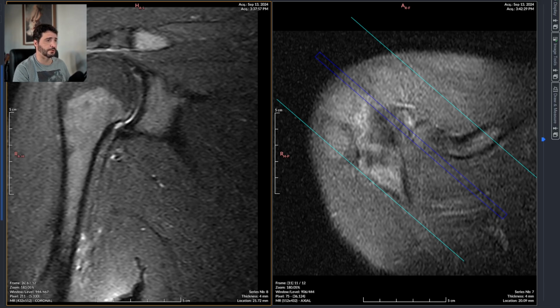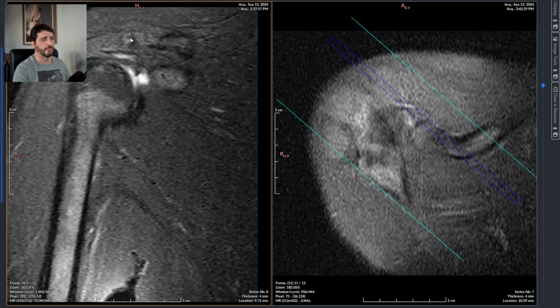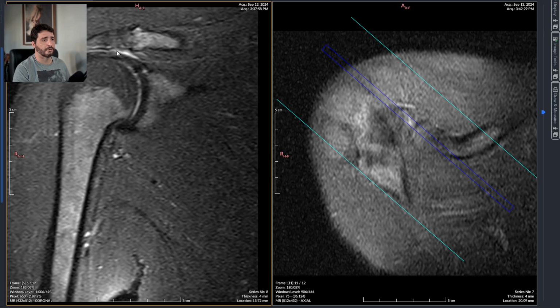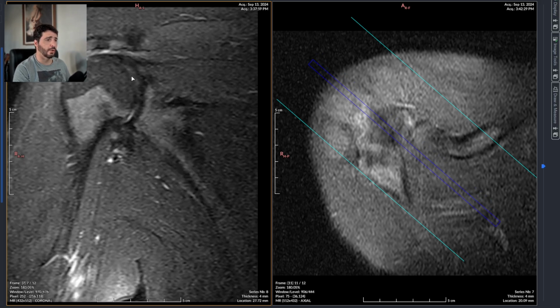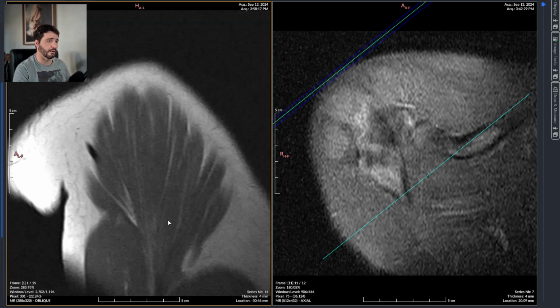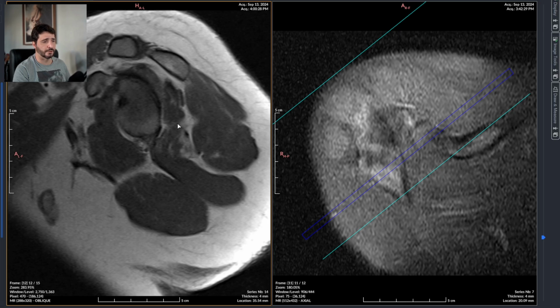So let's just summarize what we just saw. We have arthrosis and synovitis of the acromioclavicular joint. We have subdeltoid subacromial bursitis. We have tendinitis of the supraspinatus tendon. We have a rupture of the glenoid labrum, and we have chronic pain of the shoulder because most of the muscles are hypertrophied.